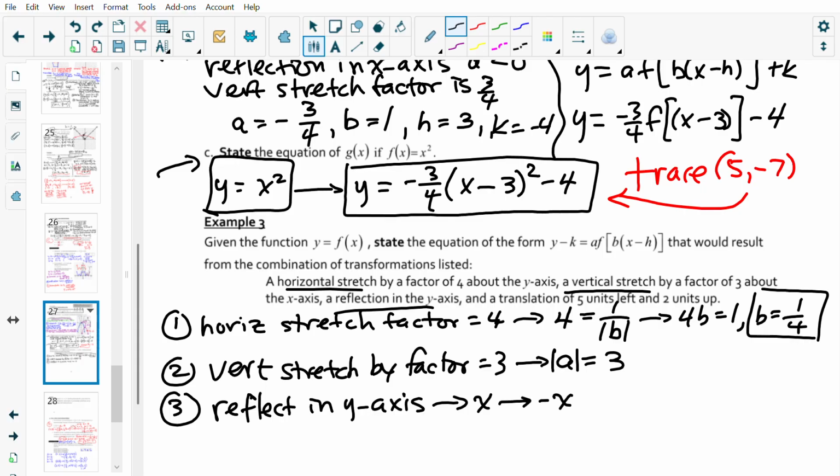We multiply all x values by -1. So b is less than 0. We said b is 1/4, so we say -1 times 1/4. Therefore, b ends up equaling -1/4.